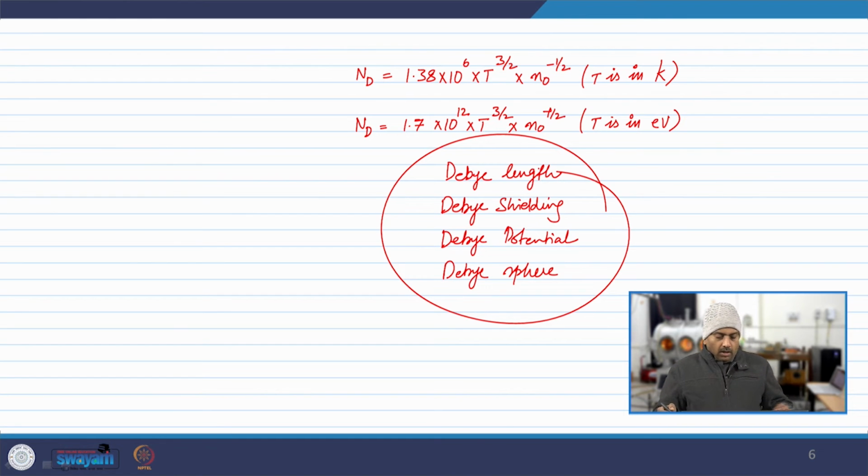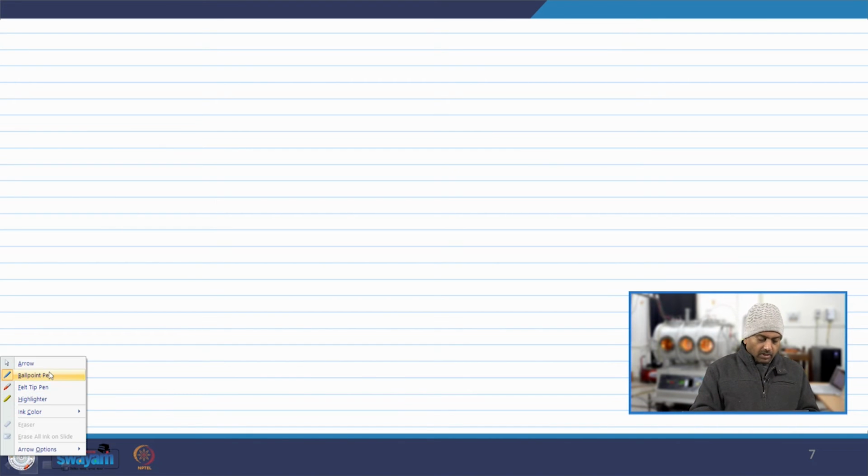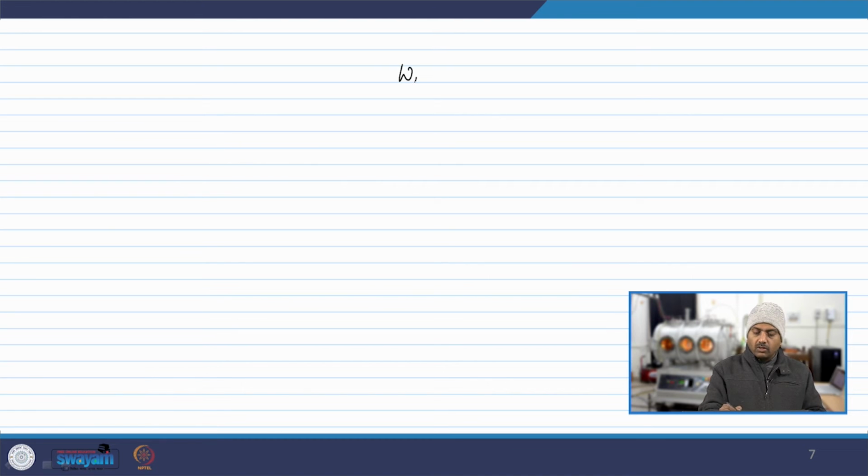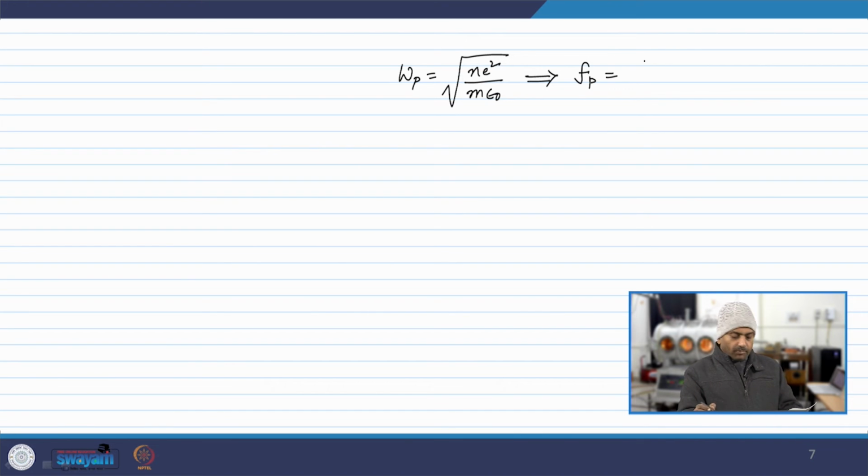right. Now, we can write expression for the Debye length using what we know about plasma frequency as well. So, we know that the plasma frequency omega p is square root of n e square by m epsilon naught, which implies this is the angular frequency. So, frequency in hertz f_p is 1 by 2 pi square root of n e square by m epsilon naught.